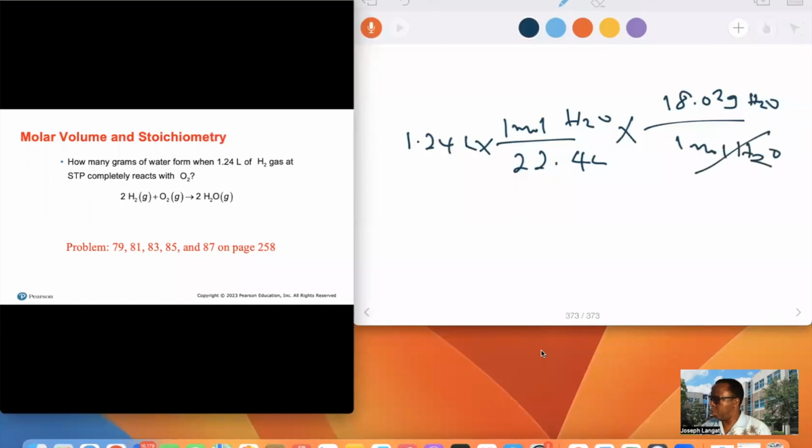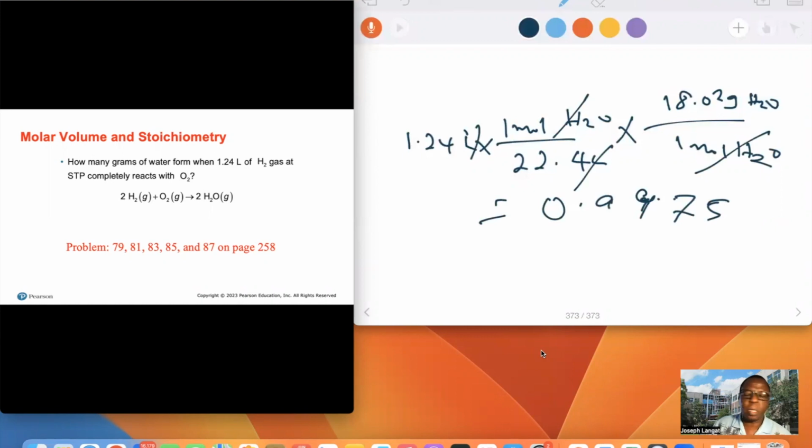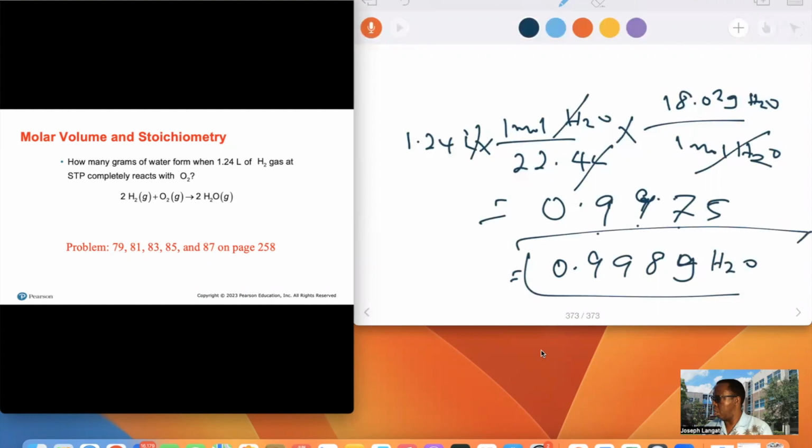That gives 0.995, so with 3 significant figures, 0.998. How many grams? This is grams of H2O.